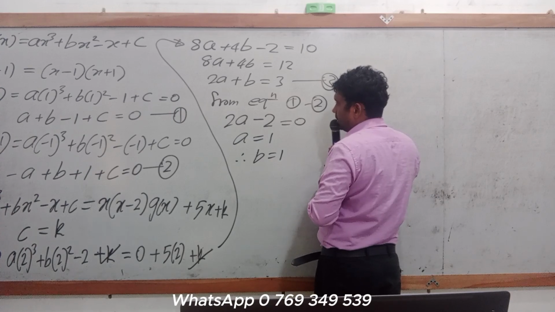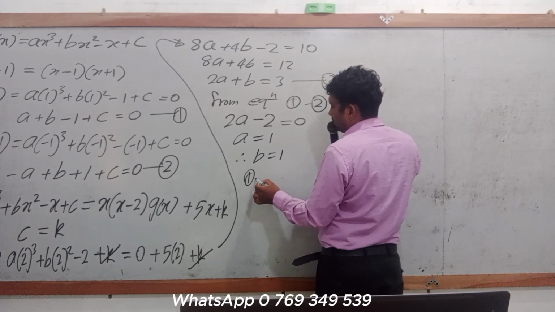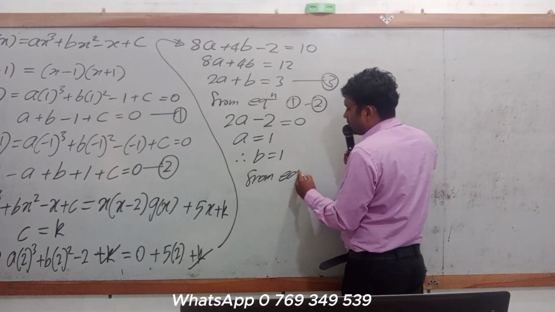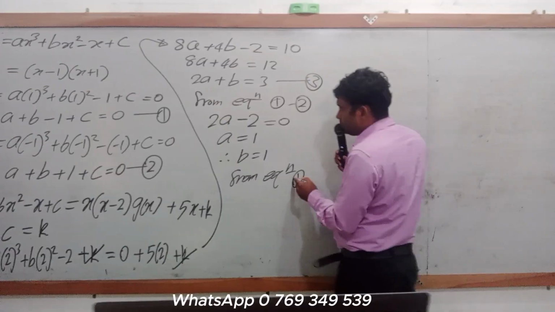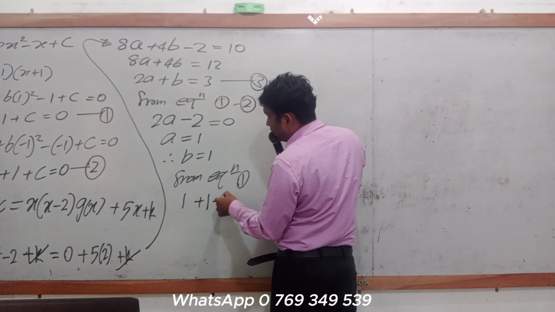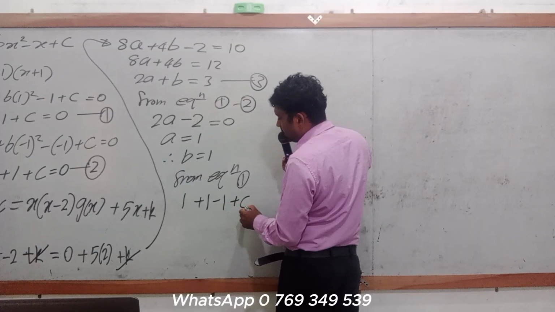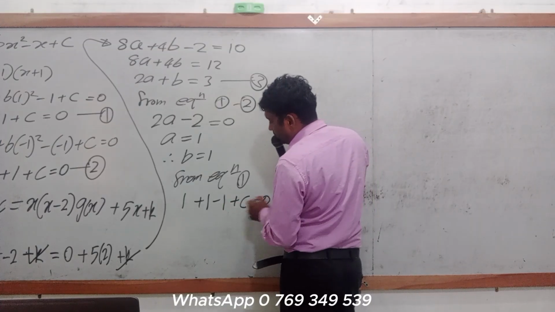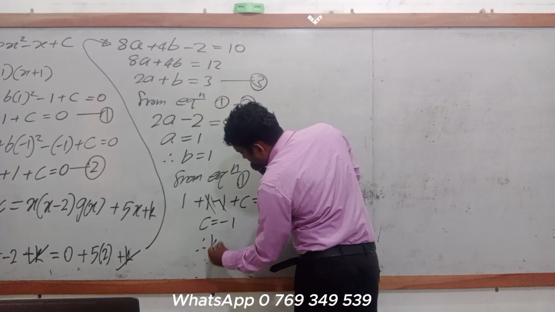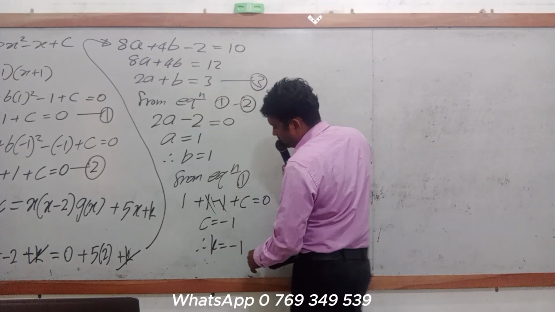Now from equation 1: a equals 1, plus b equals 1, minus 1, plus c equals 0. Therefore c equals minus 1, therefore k equals minus 1.